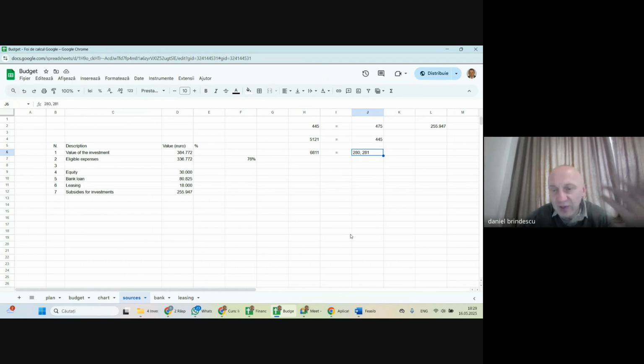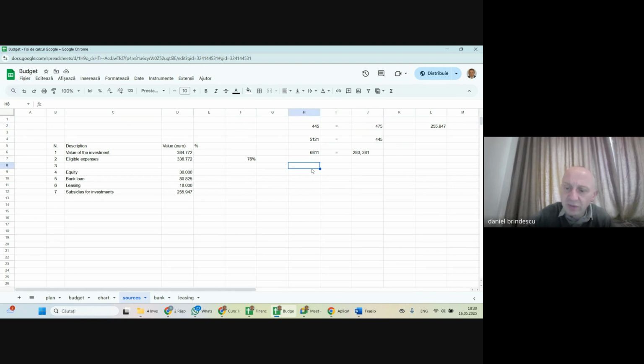So month after month, as we register the depreciation charges like this, immediately we reduce the balance of 475, the account for the subsidies for investments, and we recognize automatically part of the subsidies as revenue.